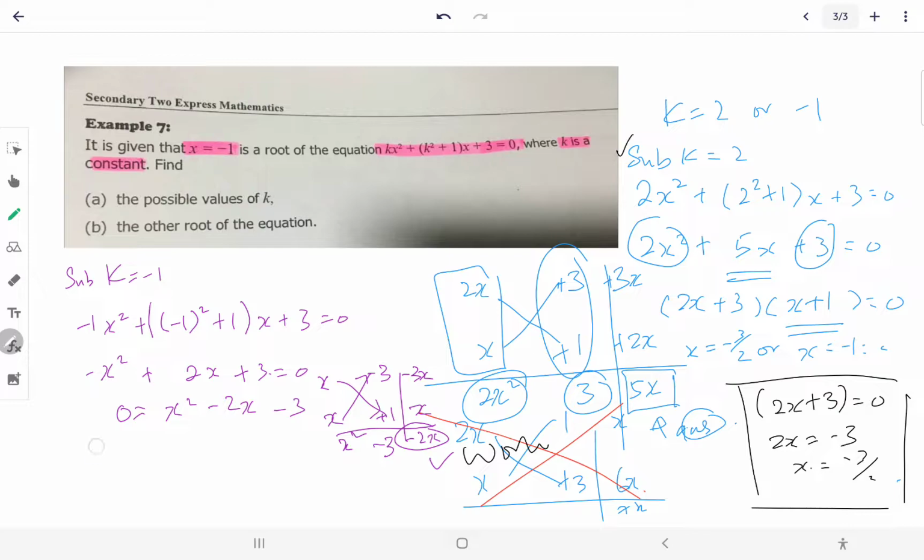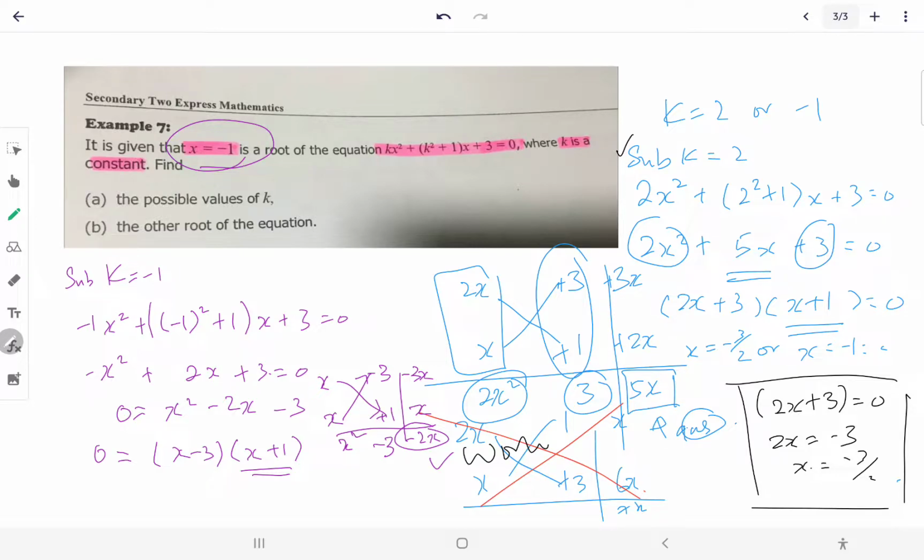So now the factor for this case will be x minus 3 and x plus 1. Oh, so it works both ways. So either k equals to 2 or minus 1, both we can use, because they will still give you the value of minus 1 equals to the root.